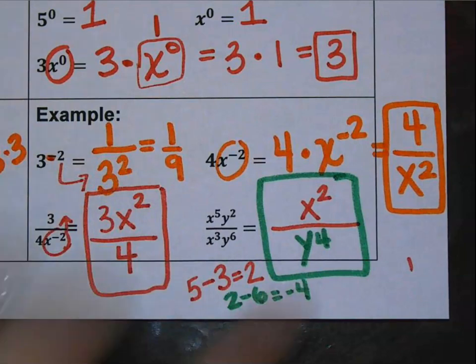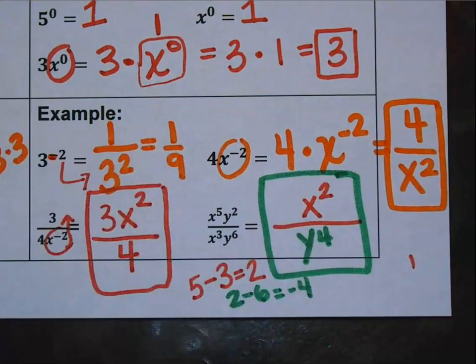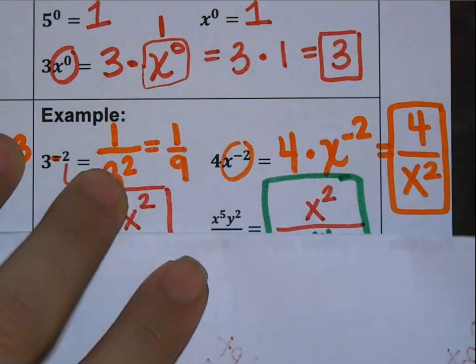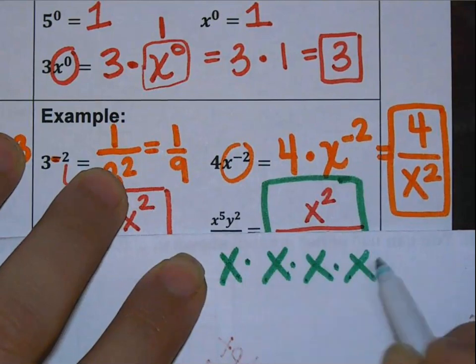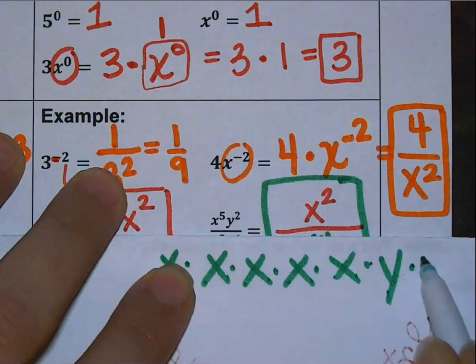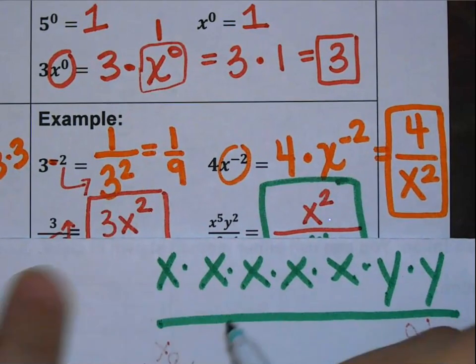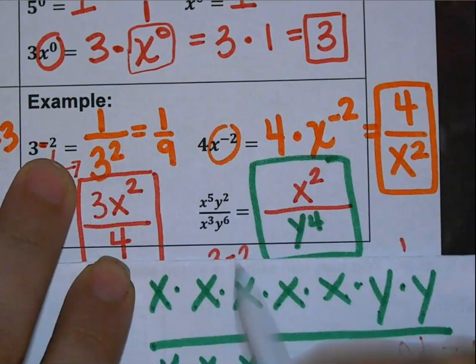So now let's talk about why, because this was negative, it moved to the denominator. So if we write this out and we draw a picture, this says 1, 2, 3, 4, 5. So 5x is being multiplied and 2 y's all over 3 x's and 6 y's.